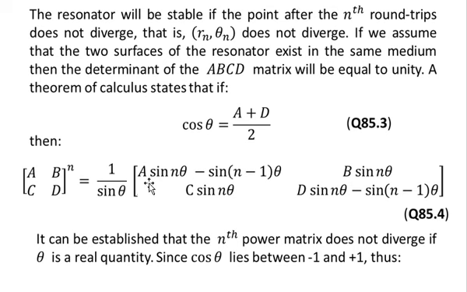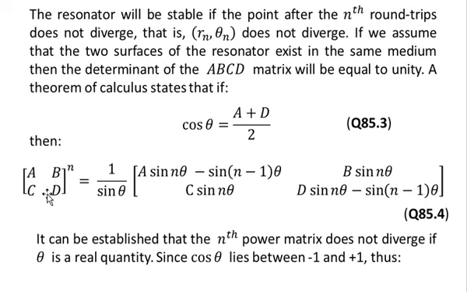The elements in the first row are A sine of n theta minus sine of (n minus 1) theta, and then capital B times sine of n theta. In the second row, the first element is C times sine of n theta, and the second element is D multiplied by sine of n theta minus sine of (n minus 1) theta.